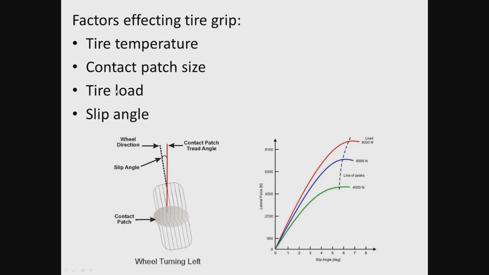The load applied to the tire, however, does change how much friction you're able to generate. The coefficient of friction of the tire, you will notice some changes in that as you put more load onto it. Put simply, if you put more vertical load onto the surface with the same coefficient of friction, you'll be able to generate more frictional force. And so if you're able to load more weight onto that tire, it is in turn going to be able to generate more lateral force for you.